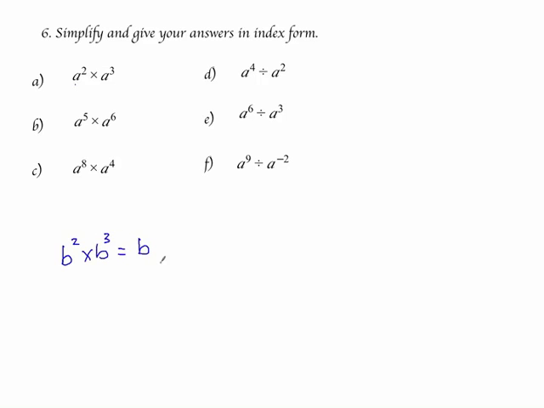So my bottom number is still the same, we don't know what that is, and then my top number, the power, is just going to be 5, so that's b to the 5. Okay, so in this case we've got a squared times a cubed, so we're just going to have a to the 5. Let's go through and answer these questions, and I'll go through them with you.